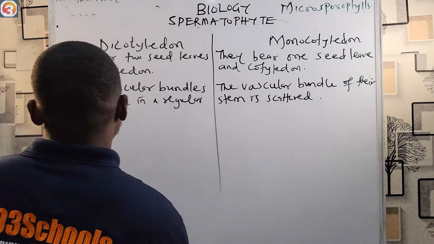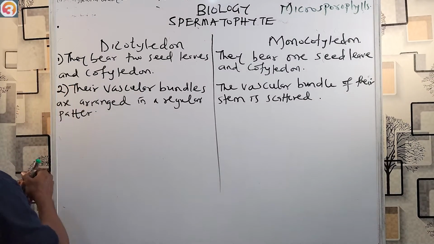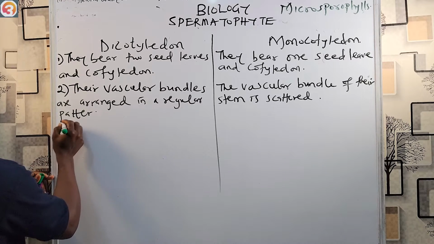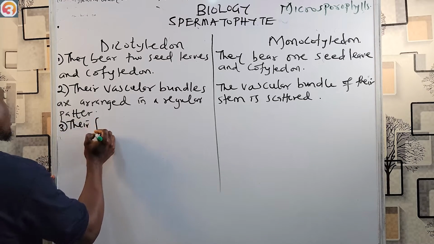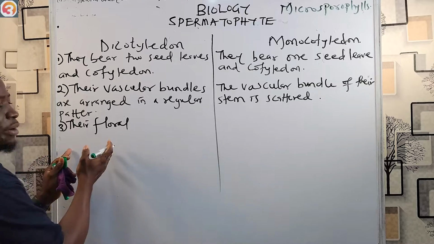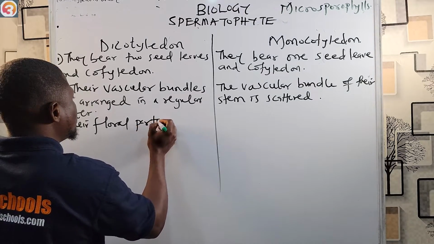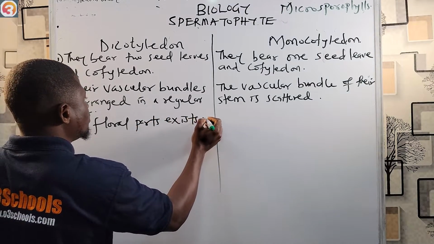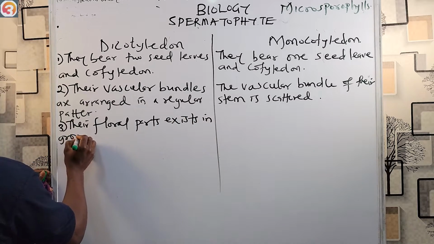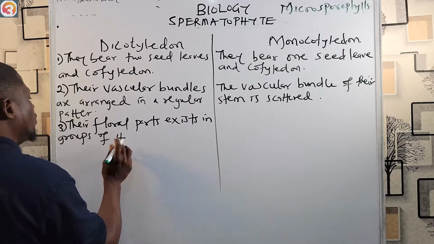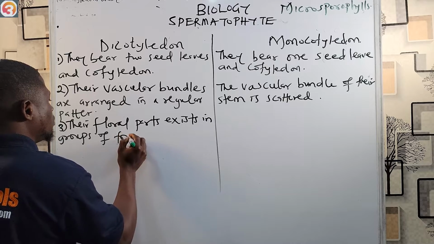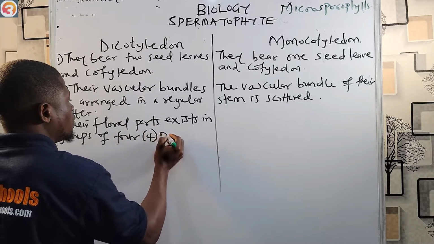Also, the floral parts exist in groups of 4 or 5. But three, their floral parts, I'm talking about their flowers now. The floral parts exist in groups of 4 or 5.